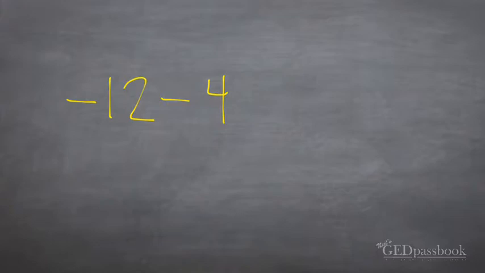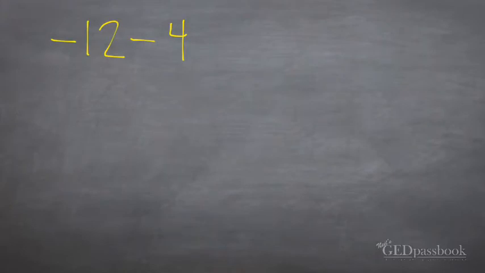So, is this adding integers or subtracting integers? It's subtracting. Again, always look at the middle operation to distinguish whether you're adding or subtracting. So, which means I have to keep change. You keep the first one exactly the way it is, negative 12. You change your operation to an addition.